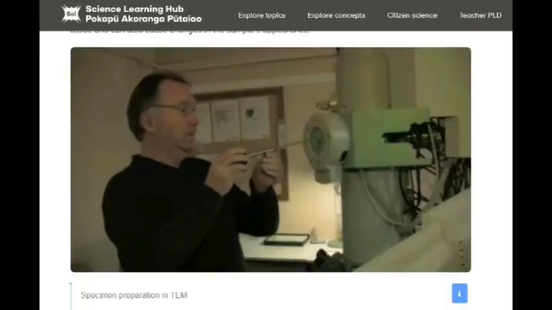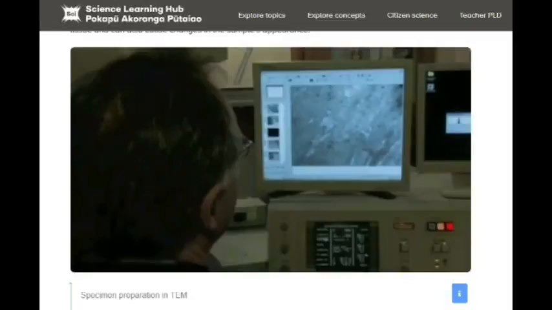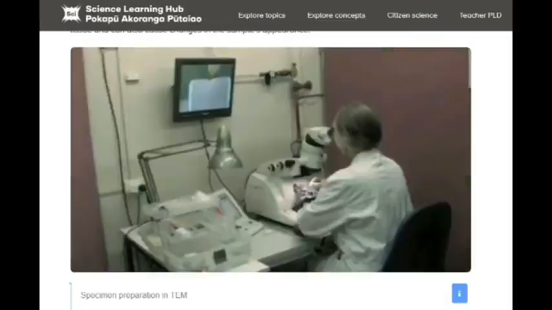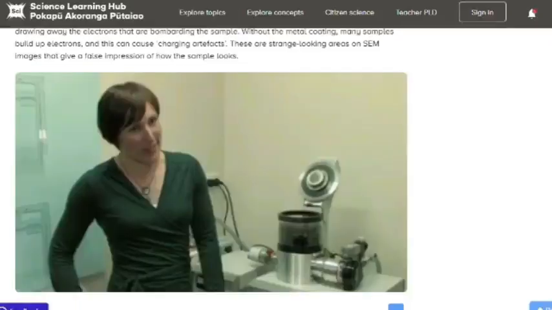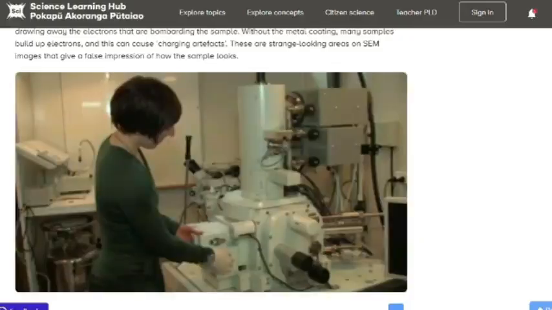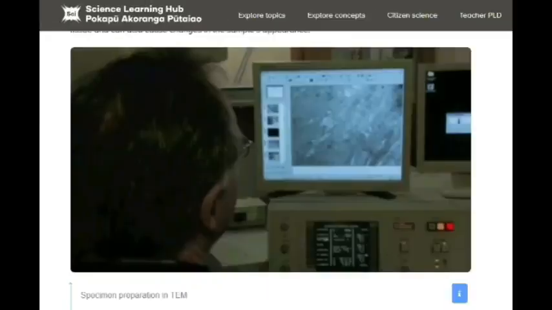Why not wear gloves and a mouthpiece? Maybe you're looking at your own breath after scanning. Here, this one also breathing over the sample. And this one don't wear a mask. You're polluting your sample. So how can you be sure you're looking at the right stuff?